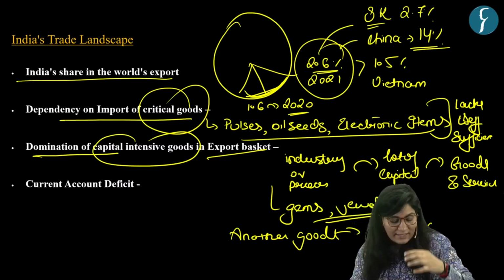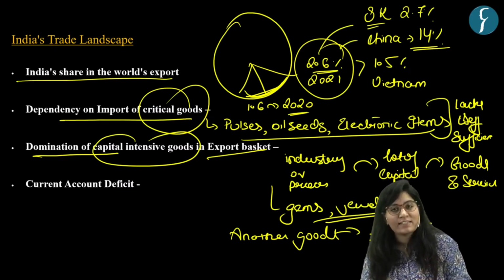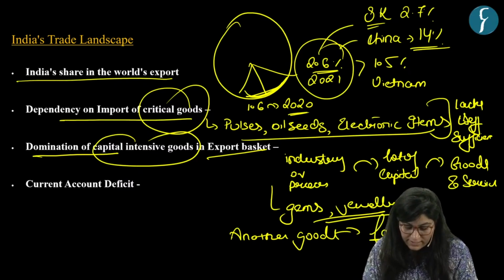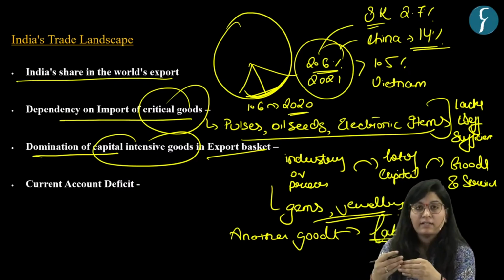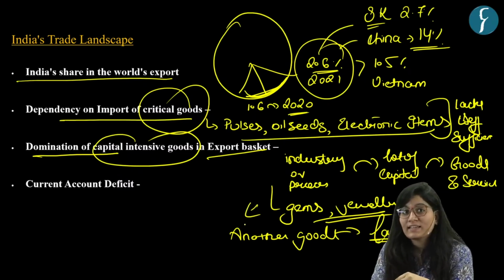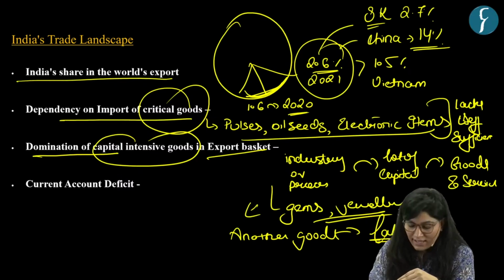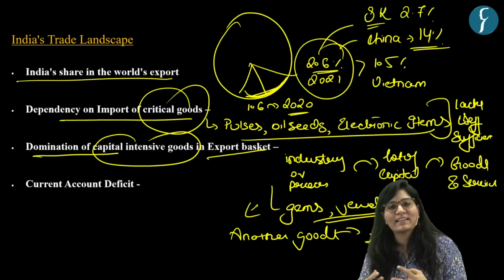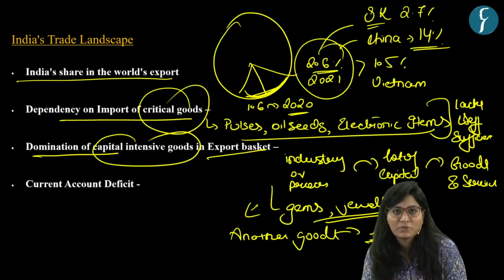So why am I saying domination of capital intensive goods? Because the proportion of these goods is high and these goods require less labor, and production of labor intensive goods is less. So definitely it's a cause of concern with respect to employment.